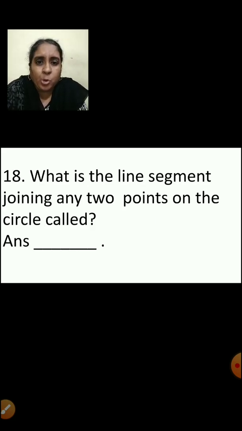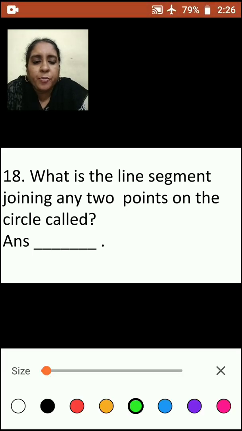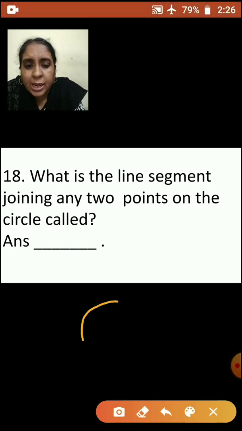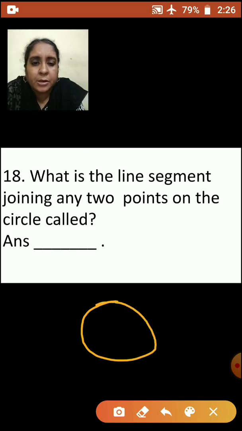Now 18th question. What is the line segment joining any 2 points on the circle called? Wait, I'll draw and show you. Now, suppose I had drawn a circle, right?